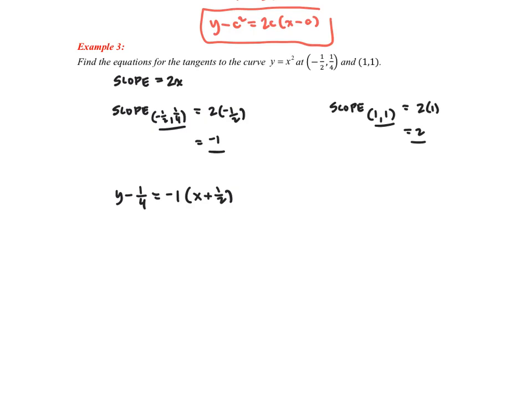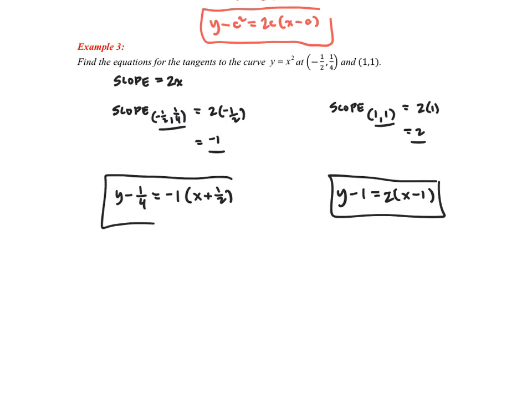That would be the tangent line to the curve going through (-1/2, 1/4). And the tangent line to the curve going through (1, 1) would be y minus 1 is equal to 2 times (x minus 1). There are your two tangent line equations.